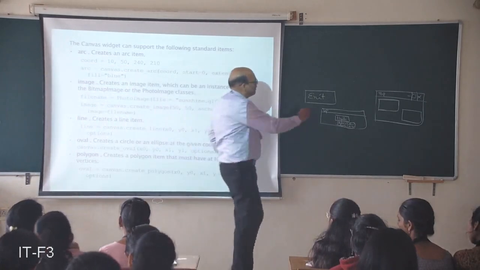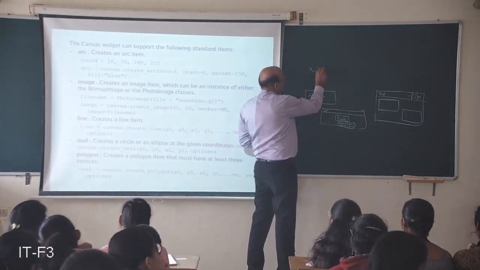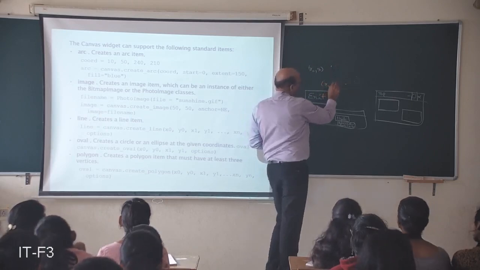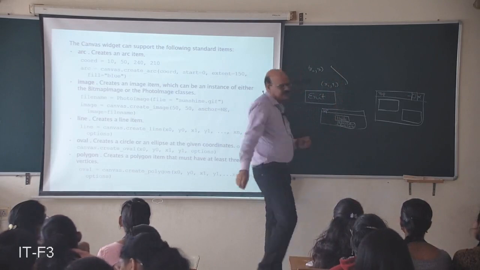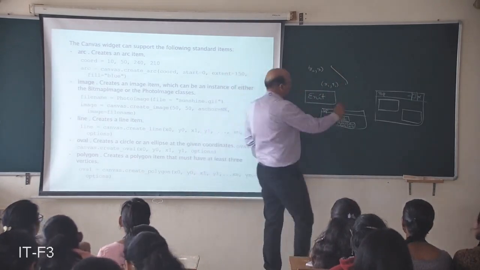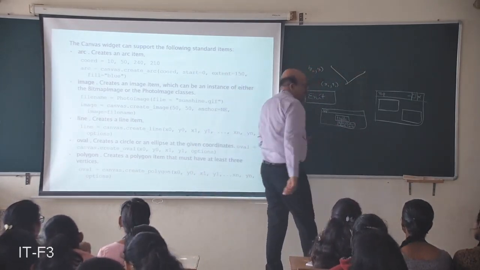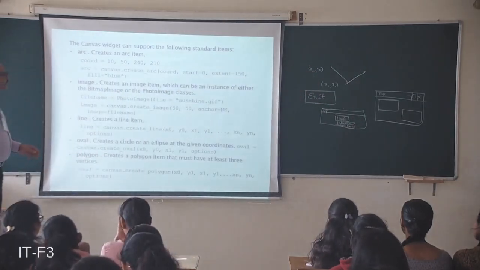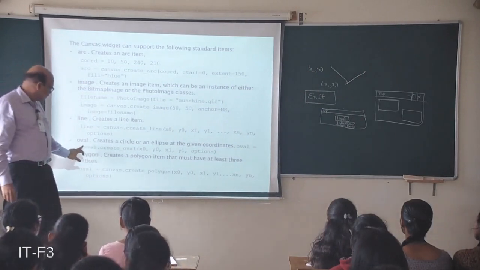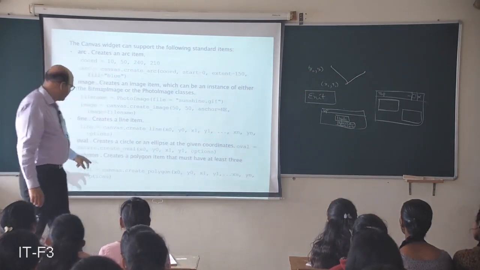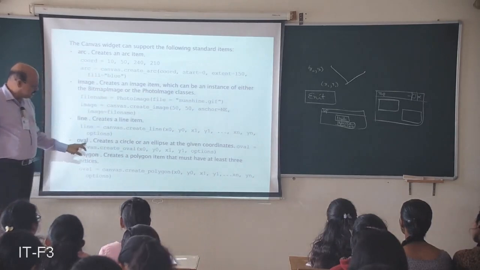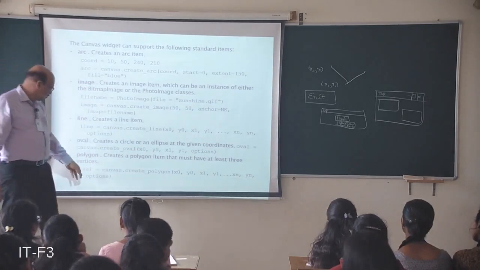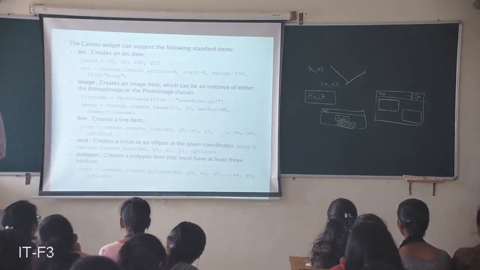If I give two xy coordinates, x naught, y naught and x1, y1, a line will be drawn connecting these two coordinates. If you give one more coordinate, a line will be drawn like this. Depending on how many coordinates you give, accordingly the lines will be drawn. Say oval, apart from the coordinates, you also require what we call width and height. So we will see one example.